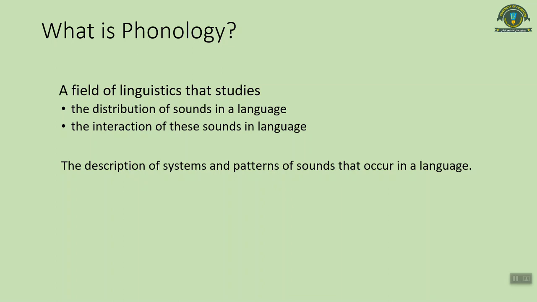So different sounds are going to make different words in different languages. The organization pattern of sounds in different languages will be entirely different. This is why one language sounds different from another language. So phonology will study languages in particular, and phonetics studies all the languages of the world in general.